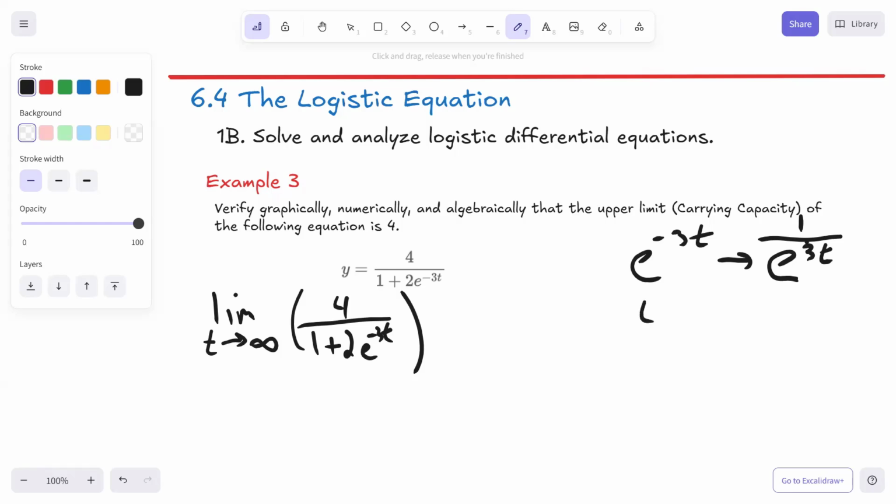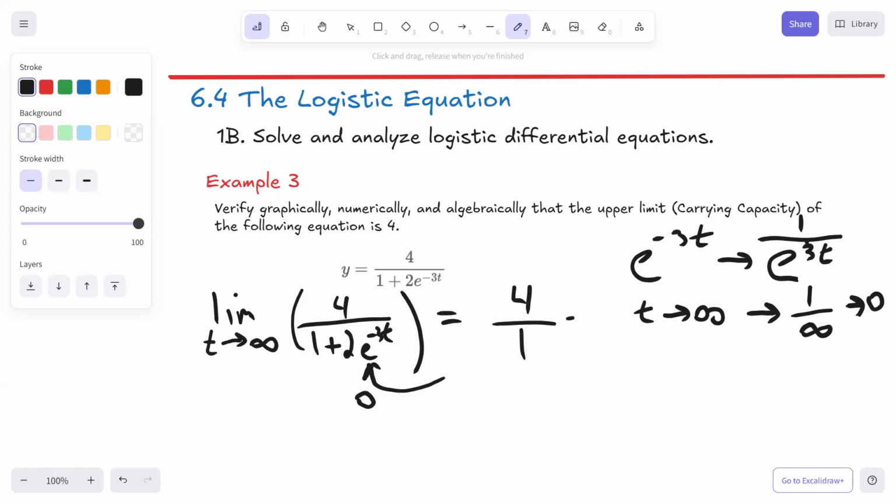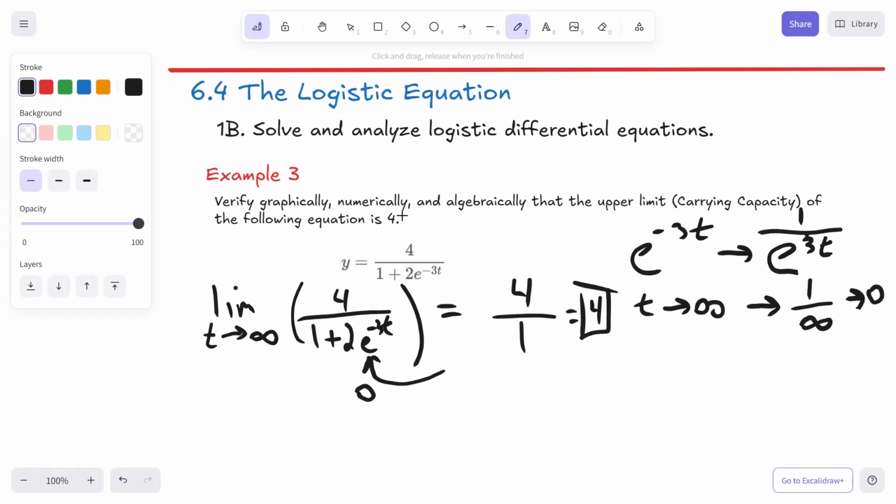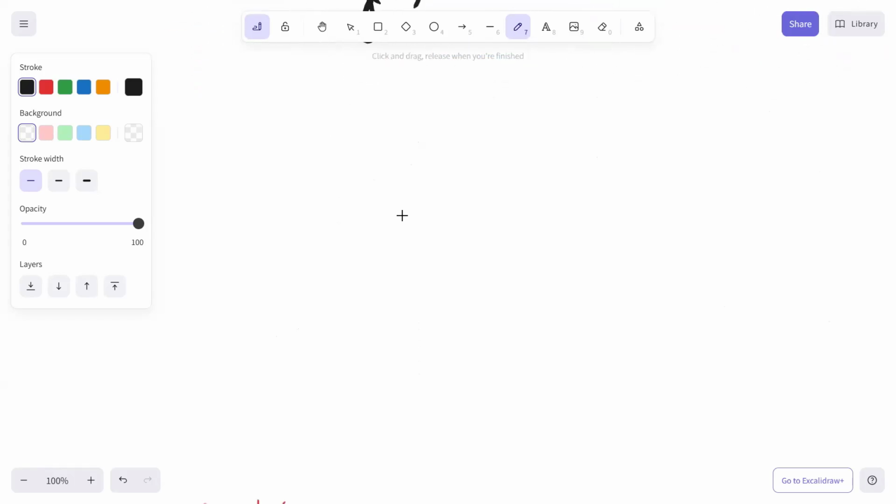If I take the limit as t approaches infinity, this denominator is going to get increasingly large, essentially 1 over infinity, which approaches 0. So this term is going to approach 0. And 2 times 0 is 0. So the limit as t approaches infinity is really 4 over 1, or just 4 in this case. So that's verifying it graphically, numerically, and algebraically to find that the carrying capacity is 4.